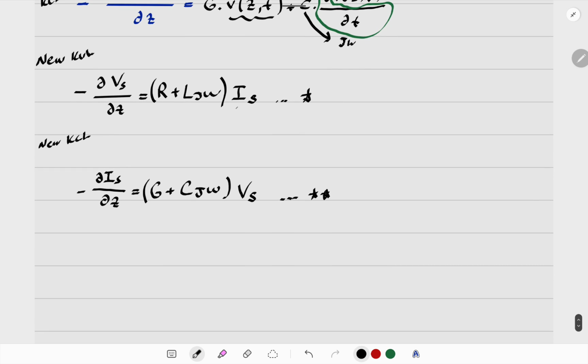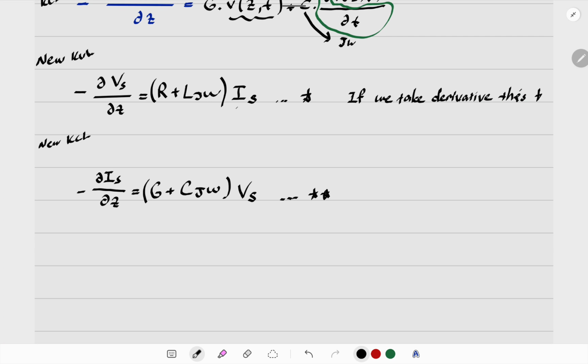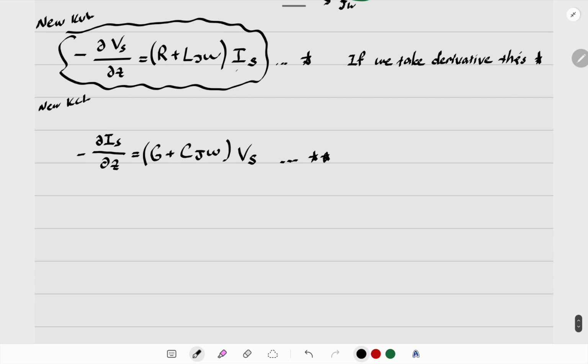All right, we are going to use this one. If we take the derivative of this equation, let's see what we end up with. The derivative of the first order is the second order. In order to get the second order, you have to put the square on the del in the numerator, and z square in the denominator.